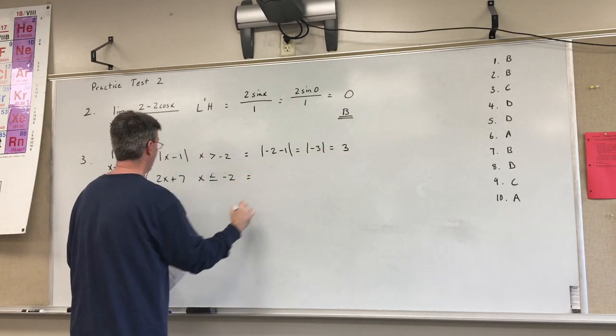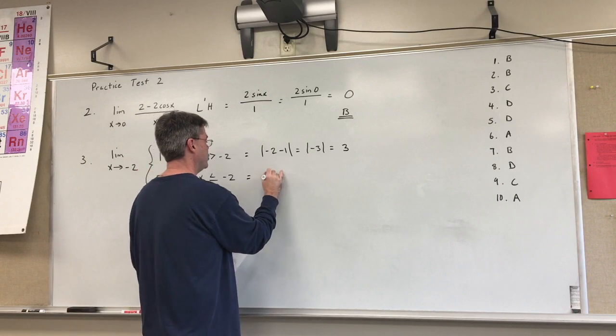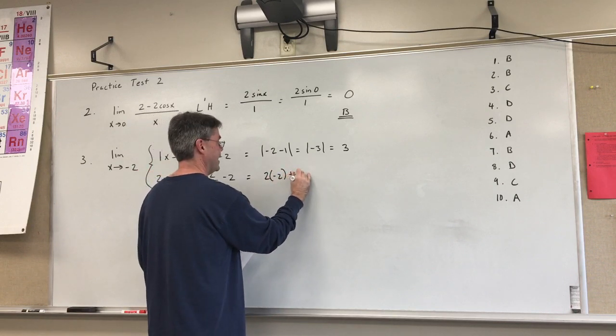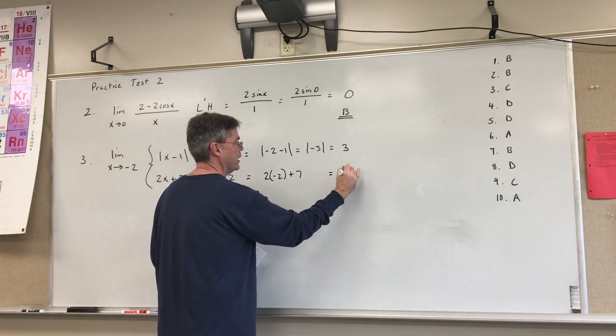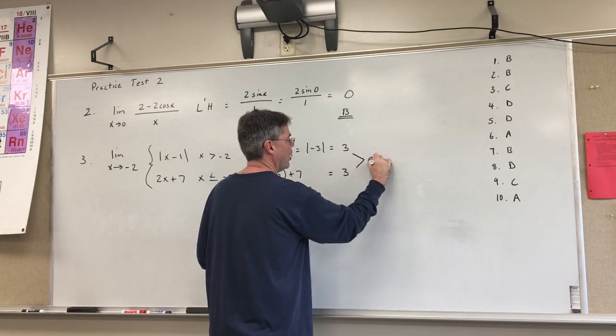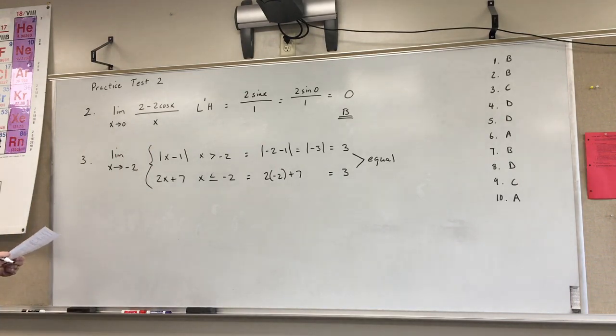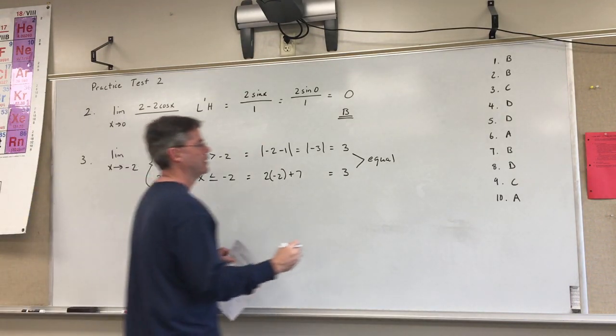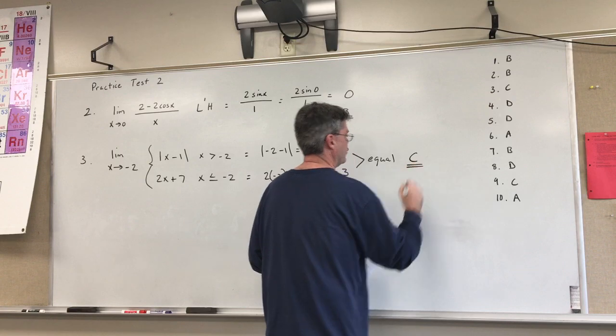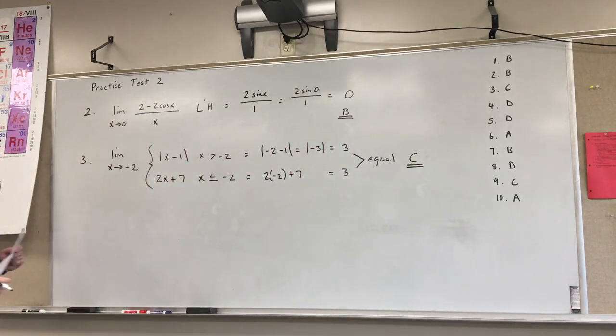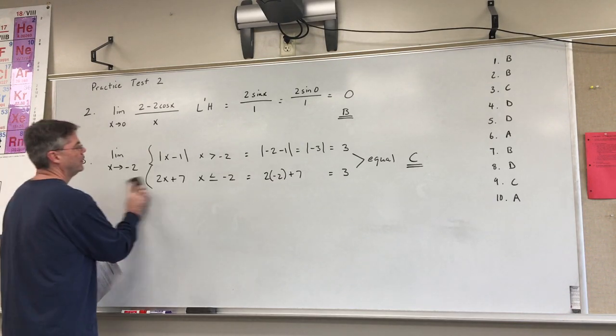And then for the bottom part of the piecewise function, that'll be 2 times -2 plus 7, which is also 3. So since those two are equal, the limit exists, and it's 3, and that is answer C. All right, so I hope so far, 1 through 3, that you feel like these questions are pretty doable.